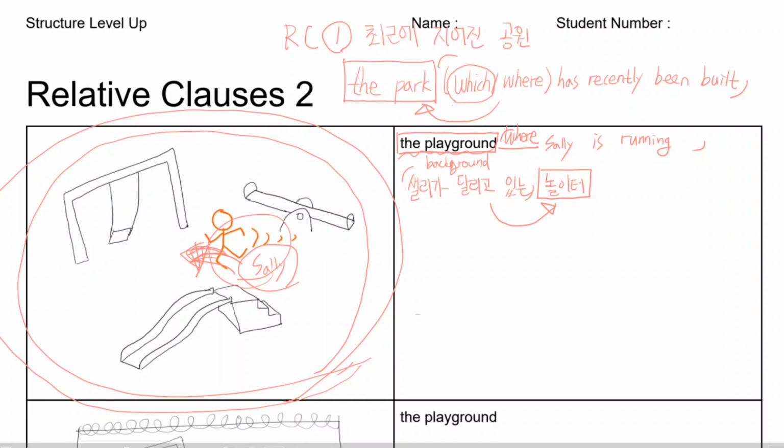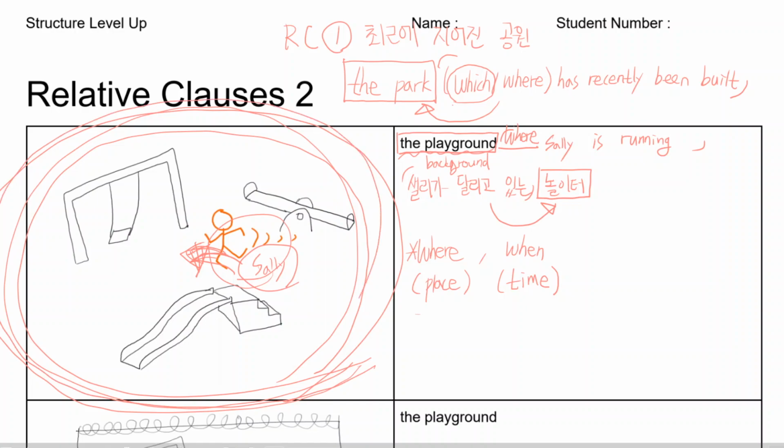So the relative types that fall into this category are where or when. So of course, where means the place and when means the time. Okay, and the situation looks like this.